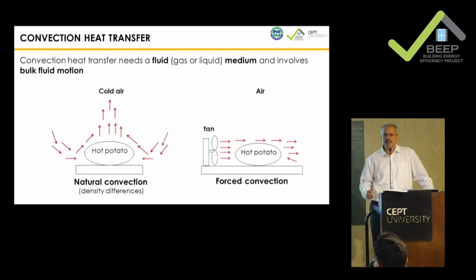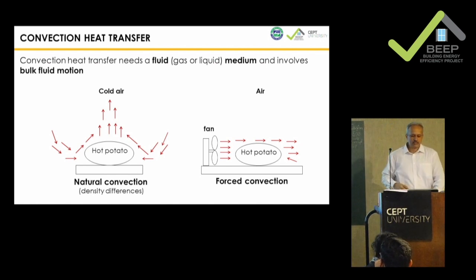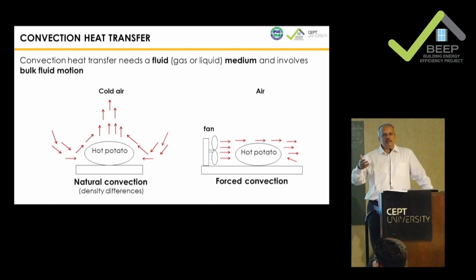Convection is basically a fluid which helps you to gain or reject heat. That fluid could be used in a natural way or sometimes could be forced. Natural convection happens when you have a temperature variation, and sometimes you also use forced convection.